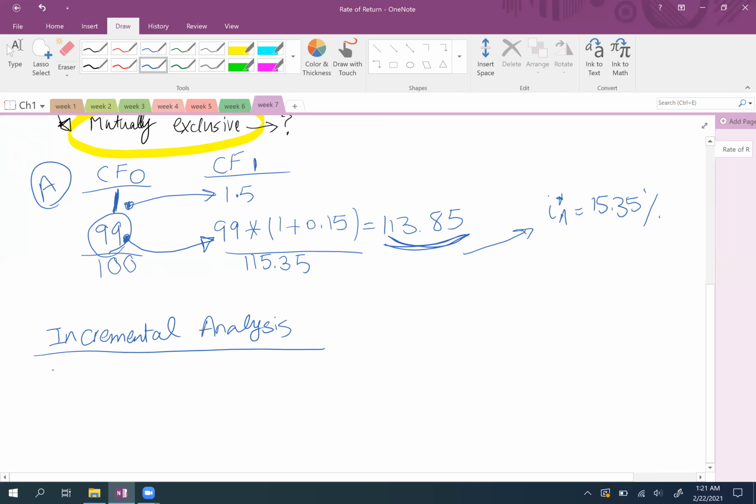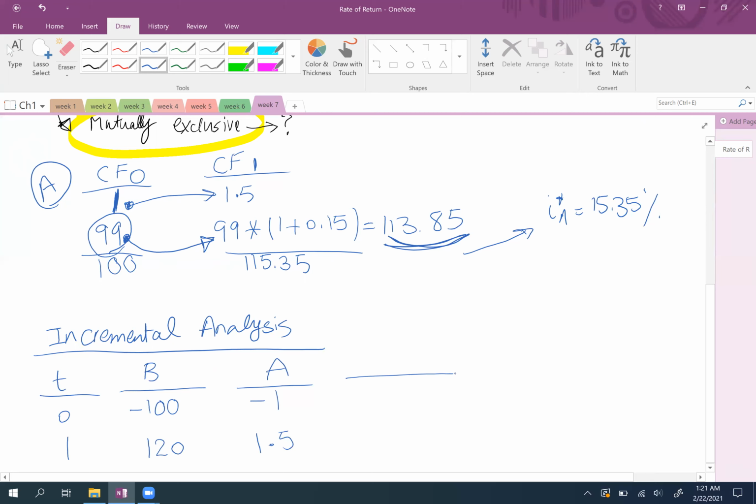So let's say at time equal to 0, and this is time equal to 1. For project B, we said if I put $100 down, I could make $120. For project A, I said with $1 that I put down, I will make $1.5 here.